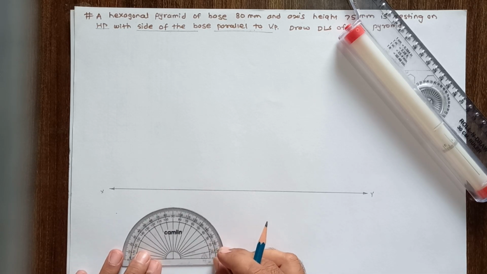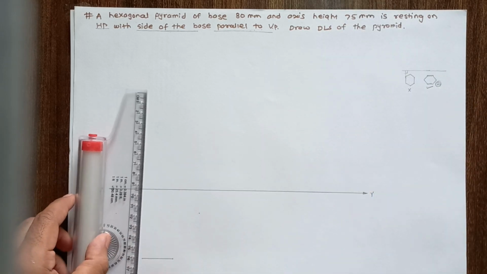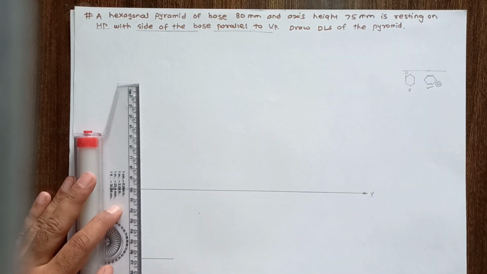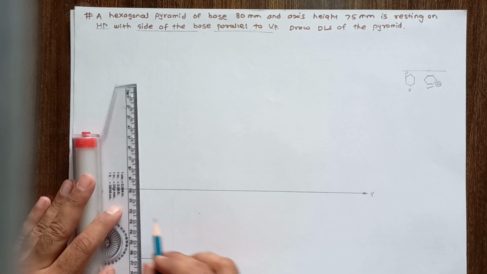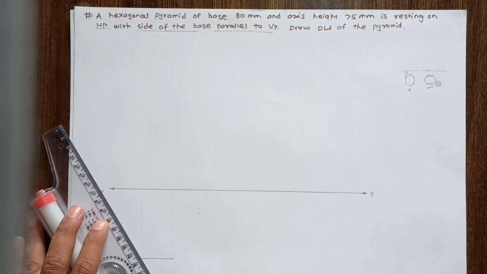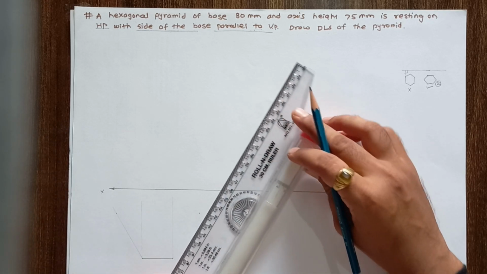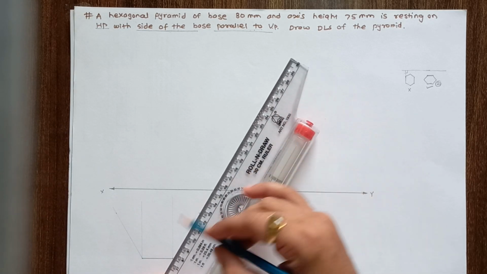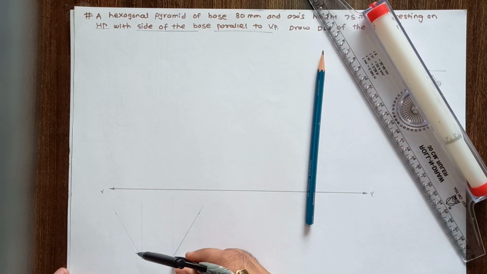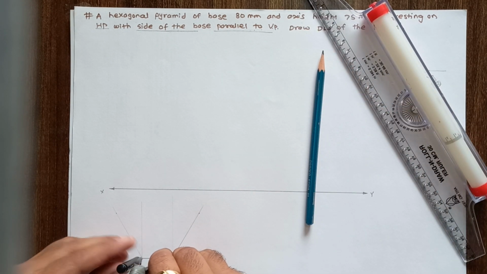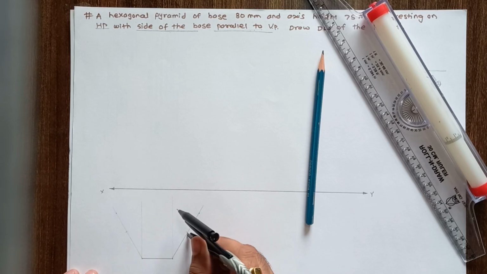Draw thin vertical lines. Draw 60-degree angle lines by using thin line. With the help of a circle, you can draw the hexagonal plane. Now take a compass, measure 30 mm distance and mark an arc on both sides of this line.